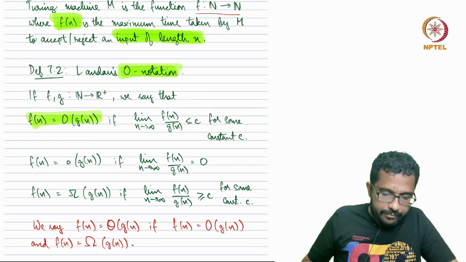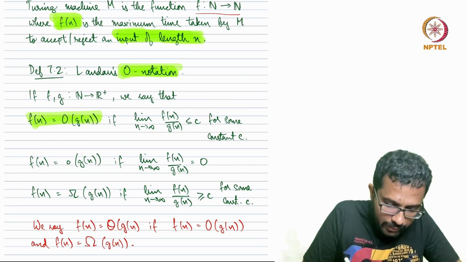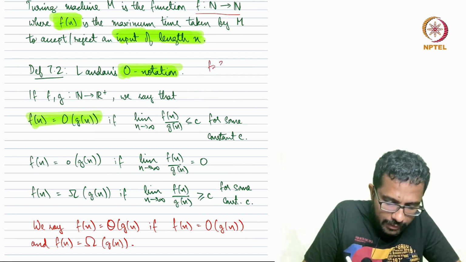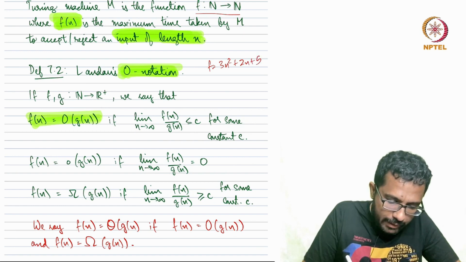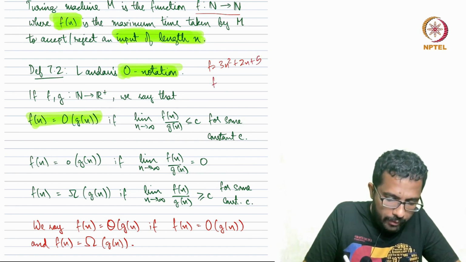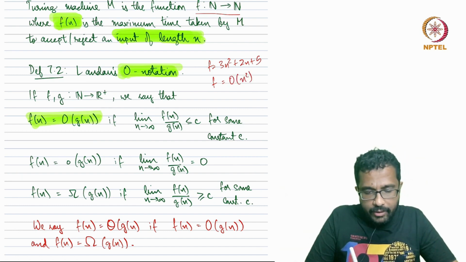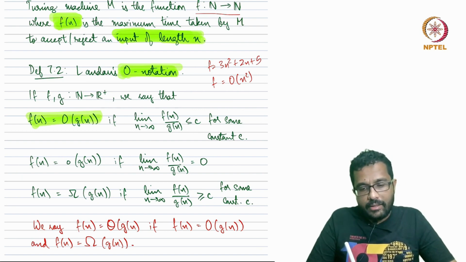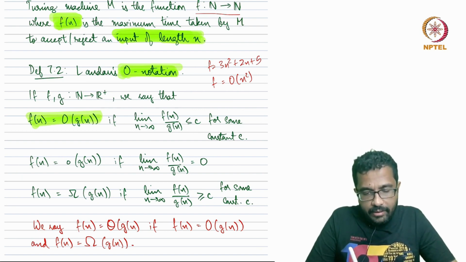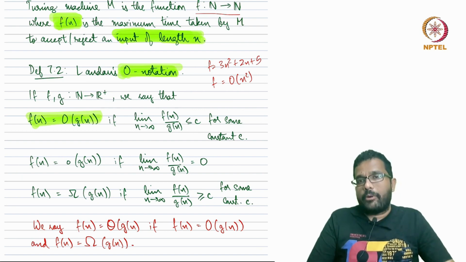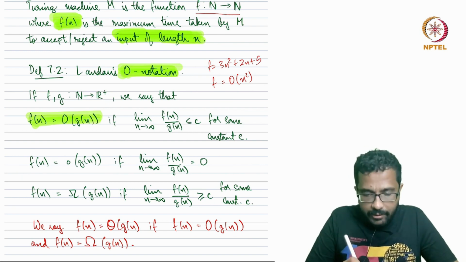So for instance, if f is, let's say, 3n squared plus 2n plus 5, then we say that f is O of n squared, because if you divide f by n squared, you get a constant, at most 3, as n tends to infinity, or at most 3.5 if you want to be more comfortable.